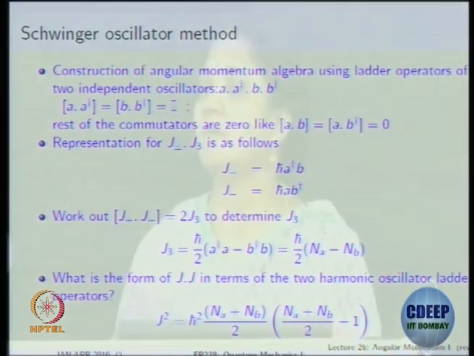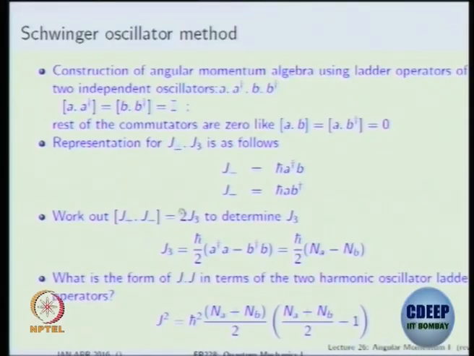Please verify this, and you need to use those properties which I gave you. Don't write blindly Jx squared plus Jy squared as J plus J minus, you will not get anywhere. You have to write the symmetric combination divided by 2.